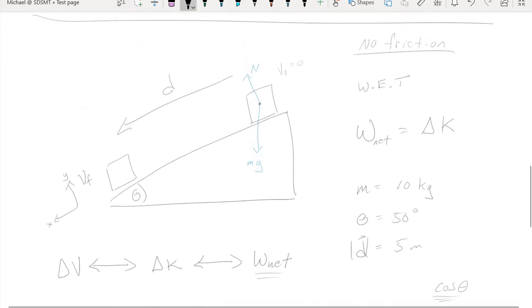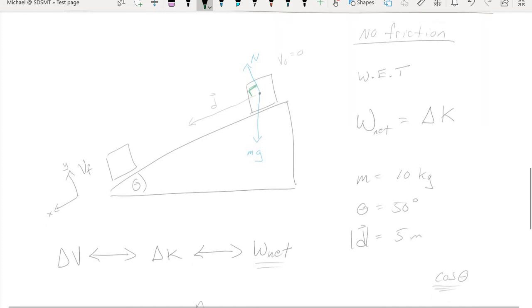So let's take this displacement vector and let's bring it down right here so that we can better compare it to the directions that the normal force and the gravity force are pointing. The normal force is pointing normal to the surface of contact, which is 90 degrees with respect to the displacement vector.